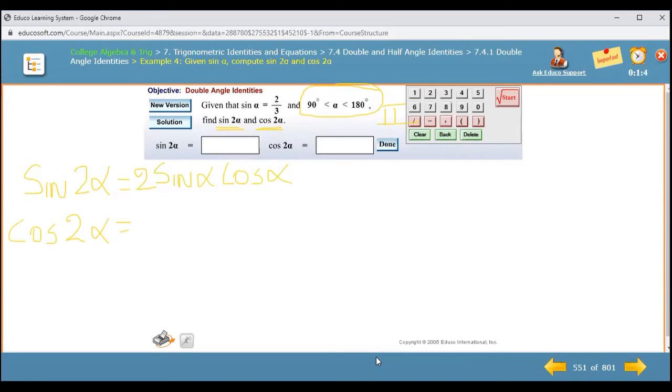First formula is cosine squared alpha minus sine squared alpha, or we can use 2 cosine squared alpha minus 1, or we can use the formula 1 minus 2 sine squared alpha. Now these are 3 formulas for solving cosine 2 alpha.